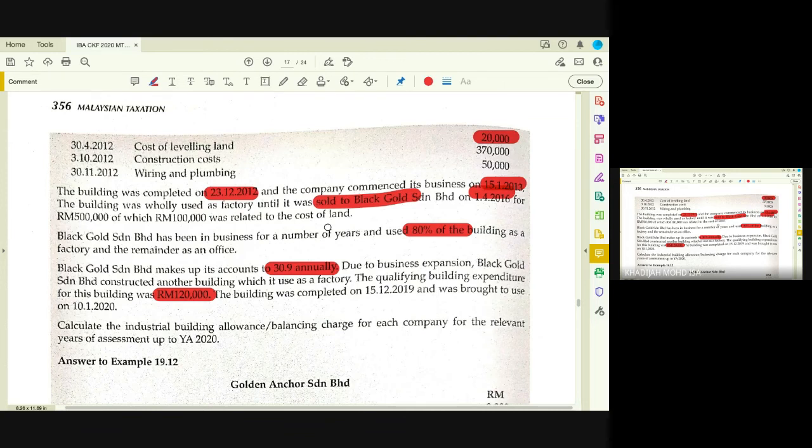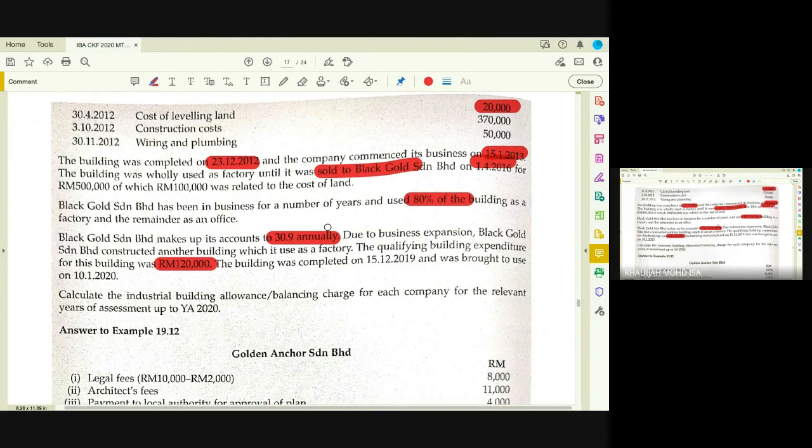Black Gold makes up accounts to 30th September. Due to business expansion, Black Gold constructed another building which is used as a factory. The qualifying building expenditure was 120,000. The building was completed on 15 December 2019, brought into use on 10 January 2020. Calculate the industrial building allowance or balancing charge for each company for the relevant years of assessment up to 2020.